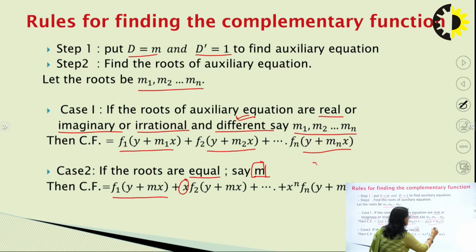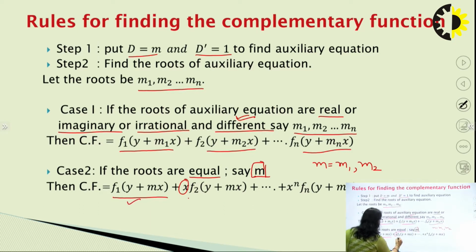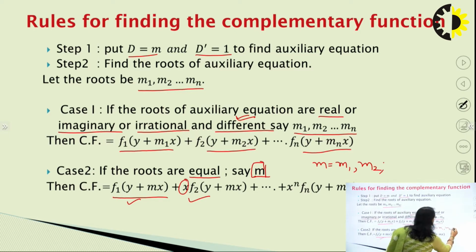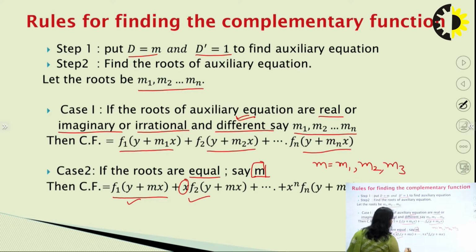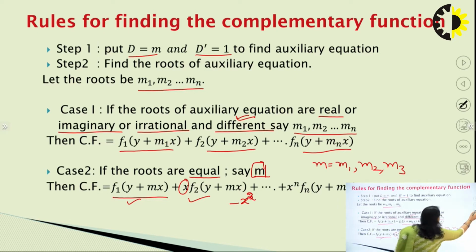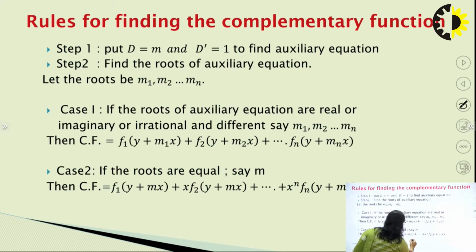That means if we have two roots which are equal, say m1 and m2, then this CF will have two terms, this and this. But suppose there is one more root which is equal to m, in that case we will have one more term, which will be given by x square function of y plus mx.